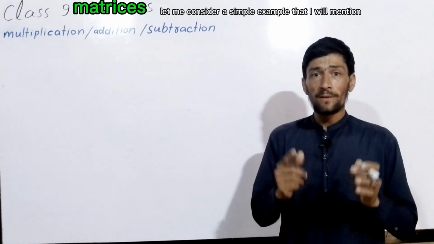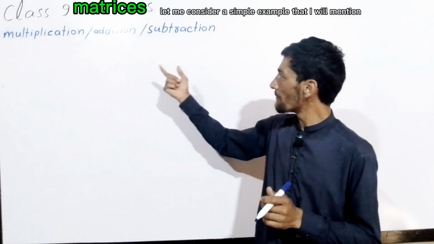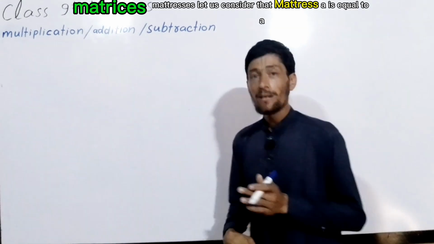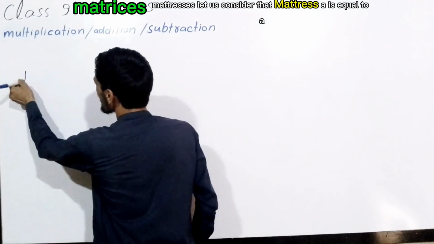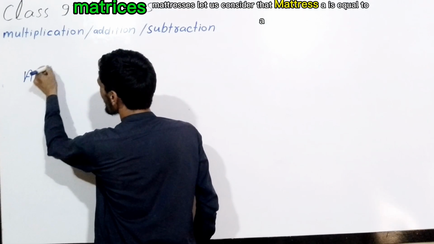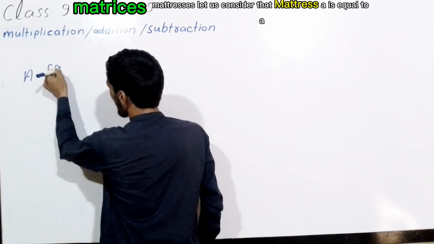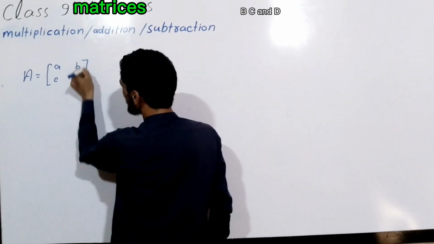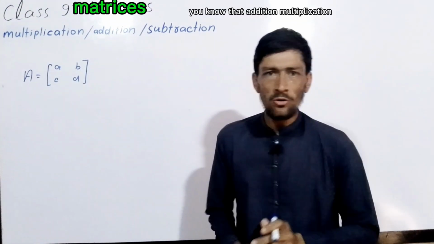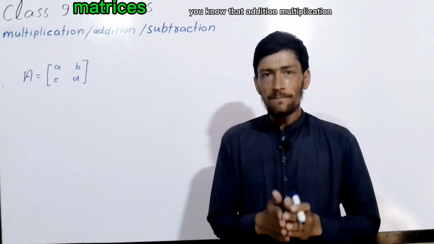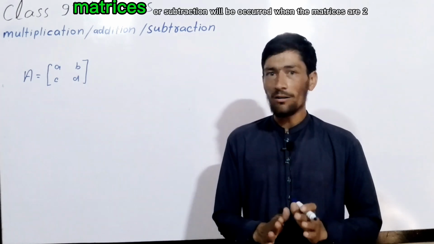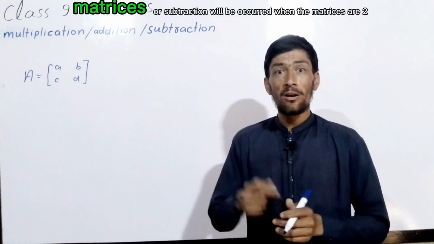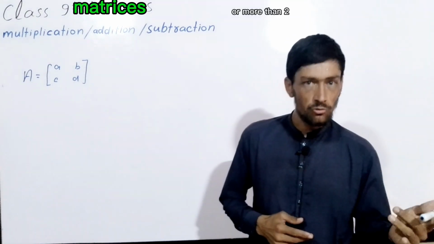Let me consider a simple example to show the addition process of matrices. Let us consider that matrix A is equal to A, B, C and D. You know that addition, multiplication or subtraction will occur when there are two or more matrices.